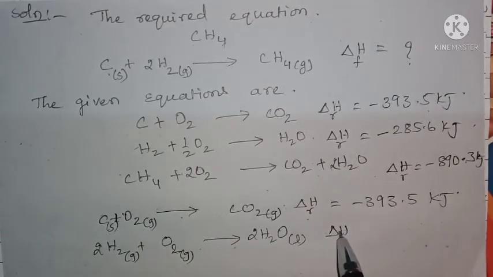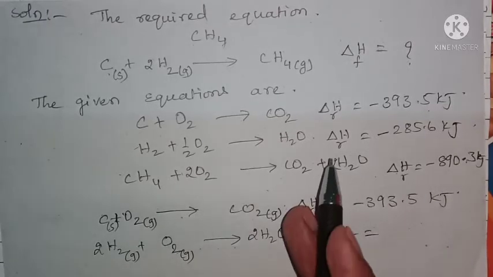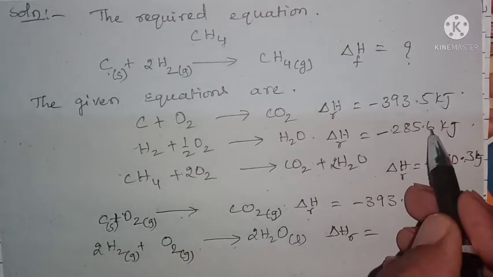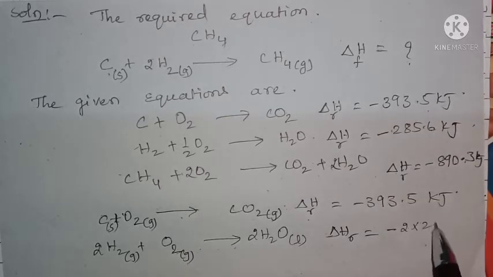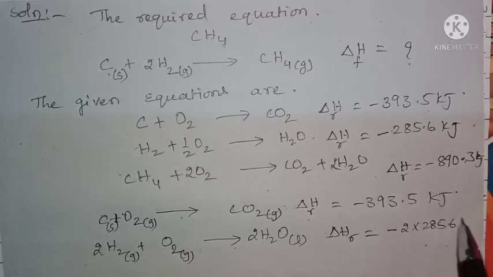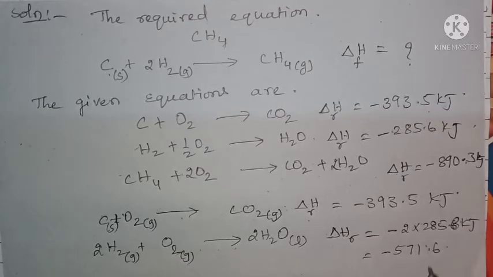So delta H reaction, this equation I have multiplied by 2, so here I have to multiply by 2. So 2 into 285.8 kilojoules, this becomes minus 571.6 kilojoules.